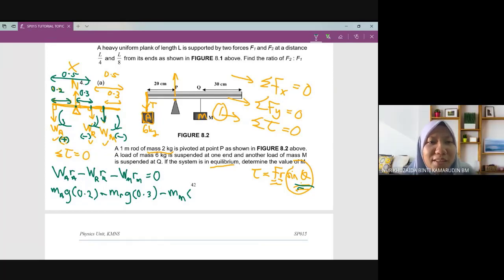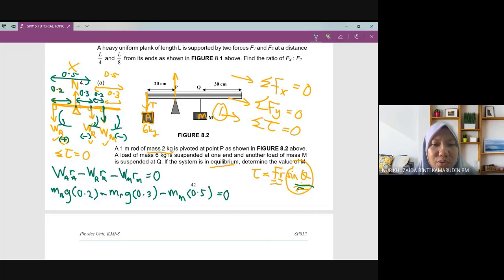Okay, boleh dapat tak? Yang ni kan 0.5 minus 0.3, so maksudnya you akan ada 0.2 dekat sini. So 0.2 plus with 0.3, so you akan dapat 0.5. Okay, equals to 0. Alright.